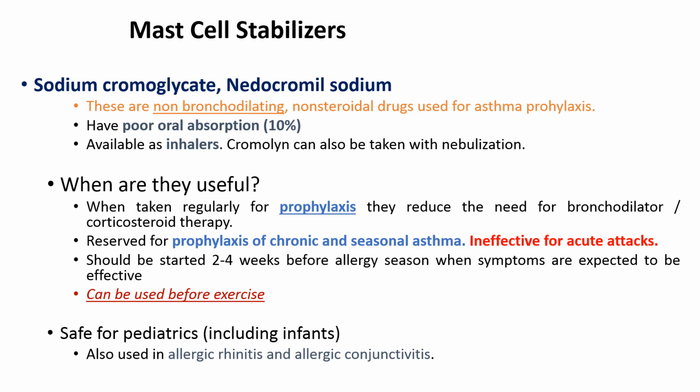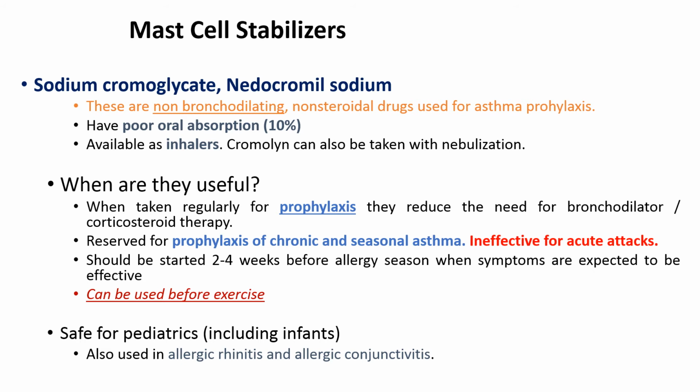So where can we use mast cell stabilizers? Naturally, because they are not relievers, they are controllers, they can be used for a prophylactic purpose, and when taken regularly for prophylaxis, they actually reduce the need for bronchodilators or even corticosteroid therapy. And they should not be used in an acute attack.